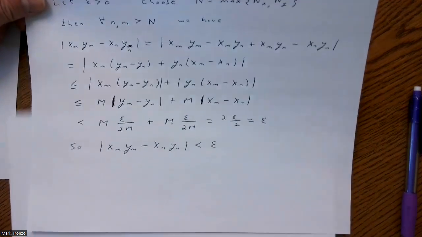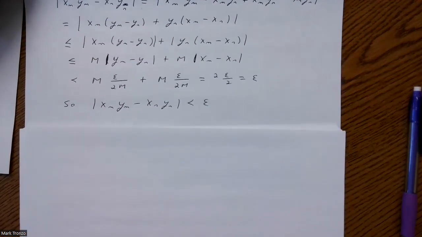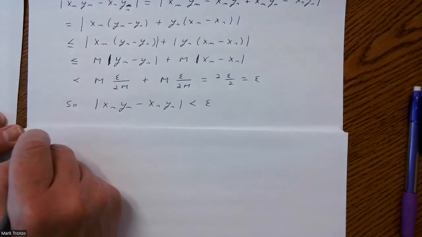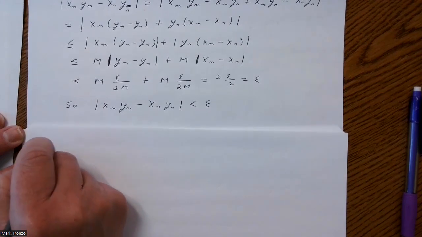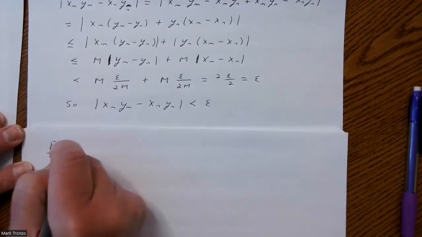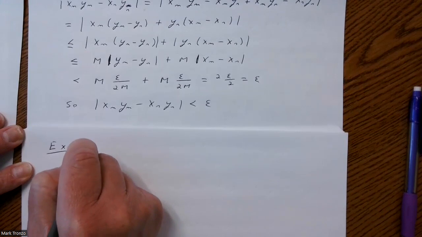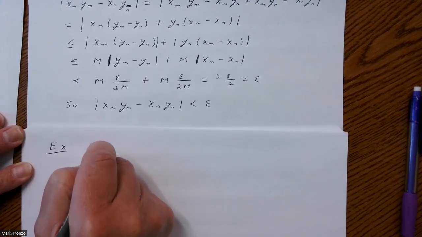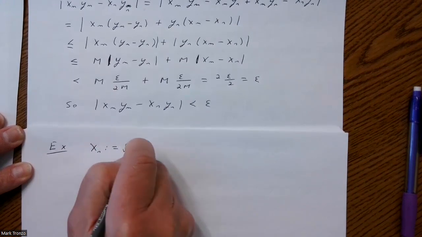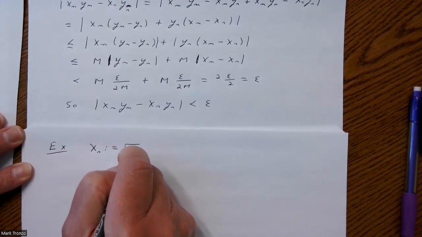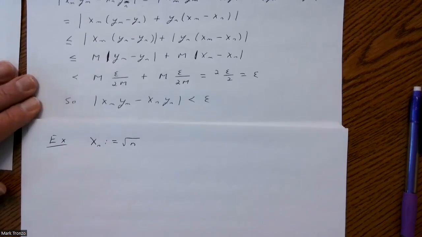So let me do this one here. And let's define the sequence x_n to be the square root of n.